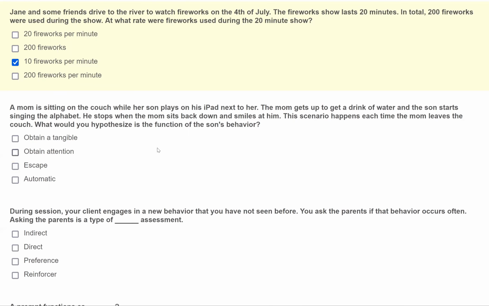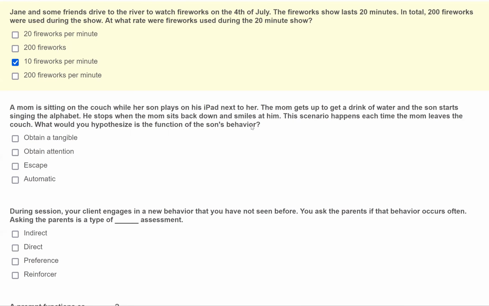Would it be obtain a tangible? Well, it doesn't seem like the son is obtaining any sort of item or stimuli for this. He's already playing on the iPad. It doesn't seem like he's obtaining anything. However, he is obtaining attention because the mom is smiling at him. She's acknowledging him every time he starts to sing. When she acknowledges him, he stops singing. He's not escaping anything.